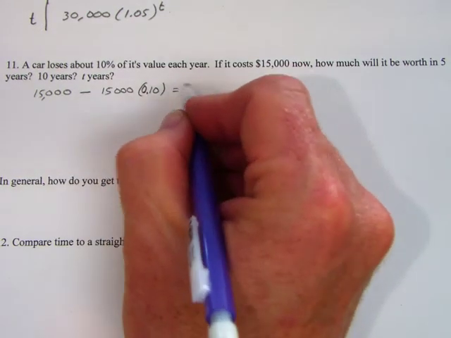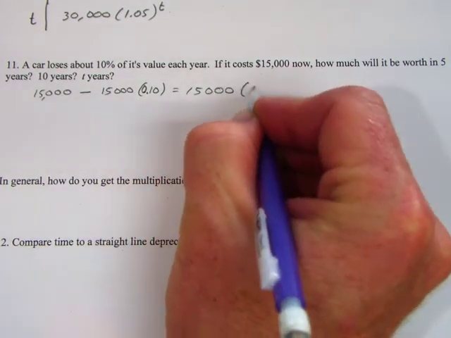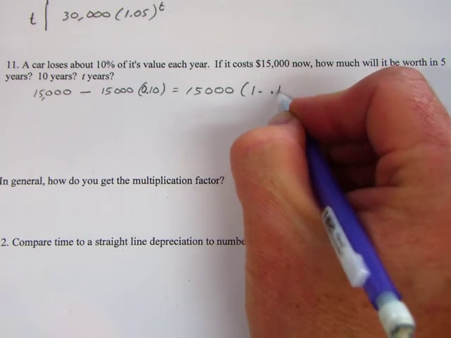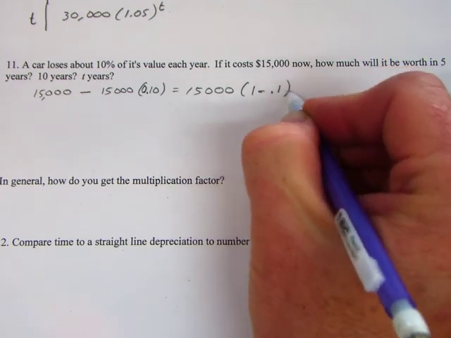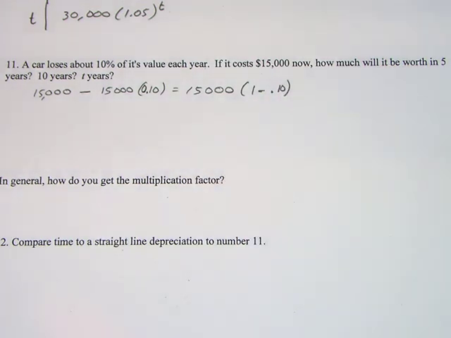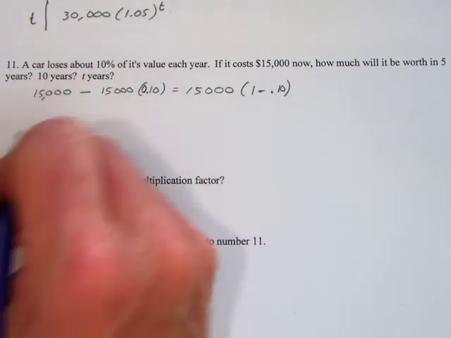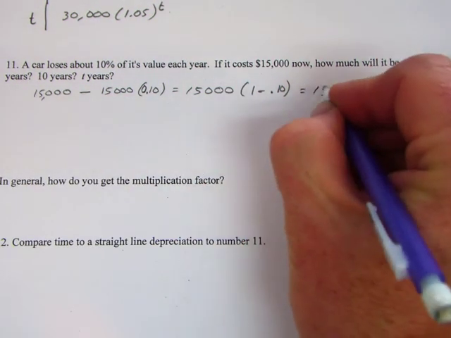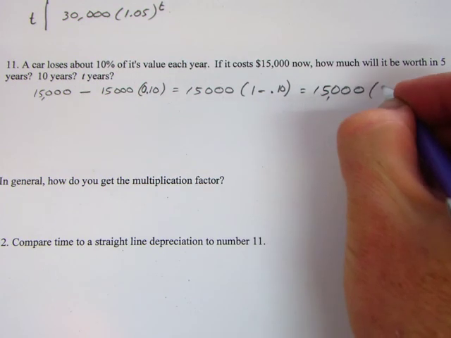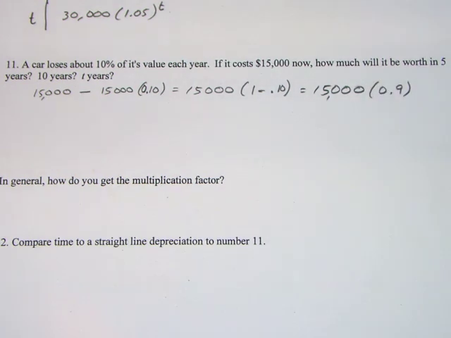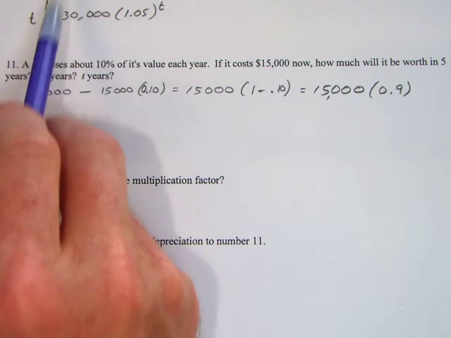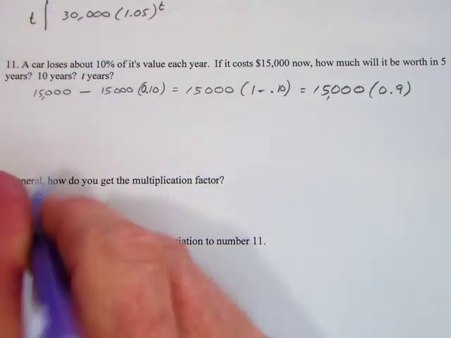So that's going to be the same as 15,000 times 1 minus 0.1. You don't need the 0, but I'll add it in just to make it clear. Or in other words, 15,000 times 0.9. So that's what it would be after 1 year. What will it be after 5 years? Well, it's going to be very similar to what we just did in the previous problem.